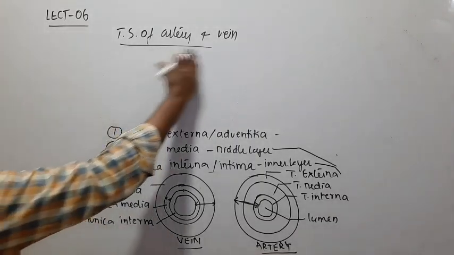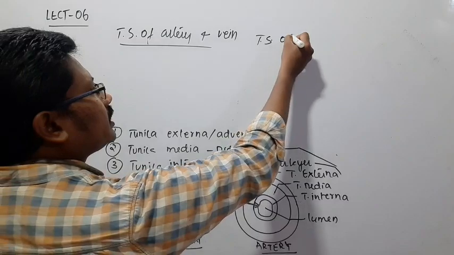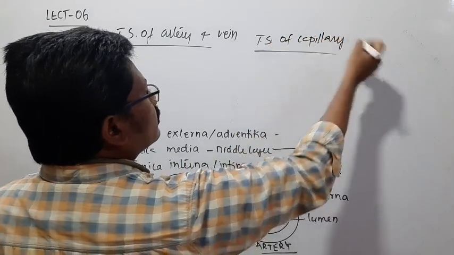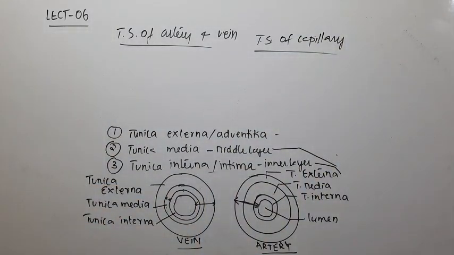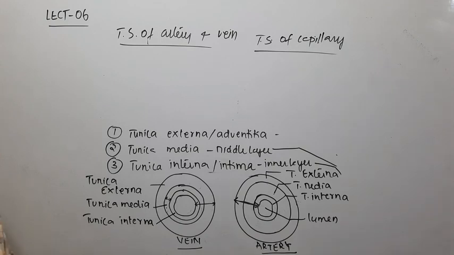Right, we'll see the transverse section of the capillary. The capillary wall is very thin because it has to allow the movement of different molecules between the ECF and the blood flowing inside these capillaries.